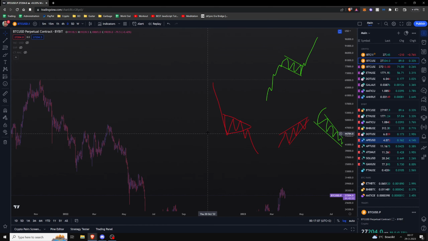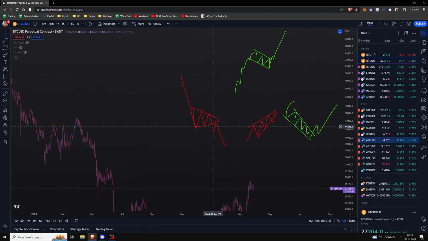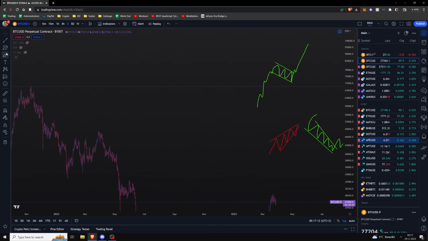And again, I've been going over a lot of patterns, but you don't have to perfectly draw these patterns. You just have to get the concept that a dump and then consolidation is more likely to continue down. A dump and then a slight retrace is more likely to continue down.